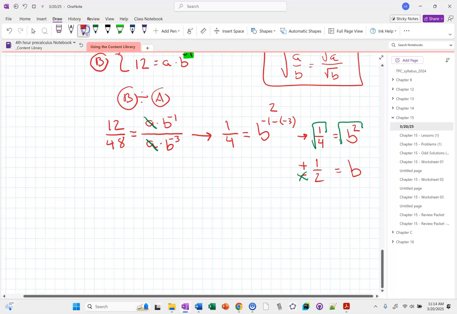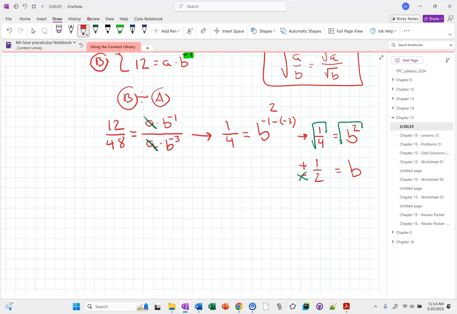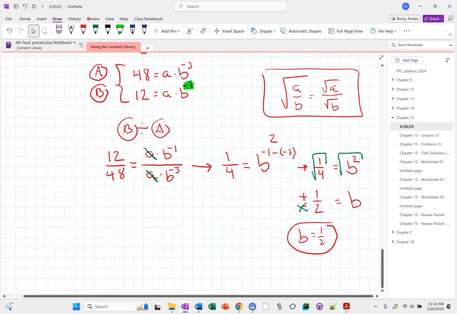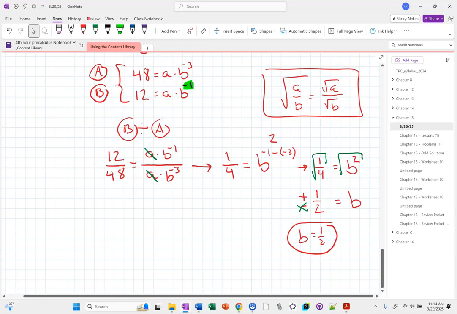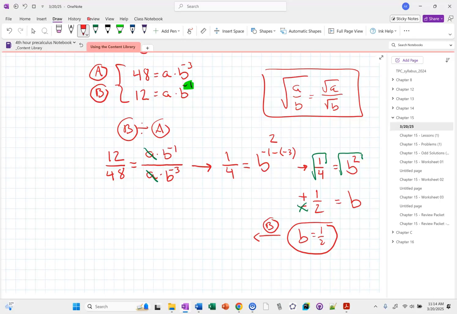Sweet. So now that I have that b is equal to 1/2, I can plug that back into either equation a or b. I'm going to choose to plug it into equation b because the exponent in equation b is closer to 0. So I don't necessarily want the biggest exponent here to make this easier.